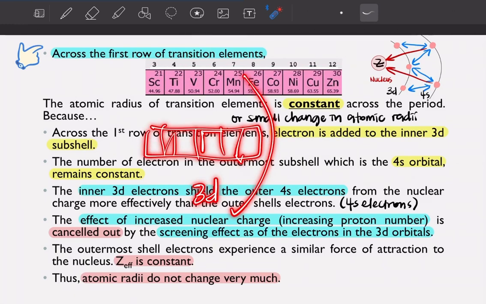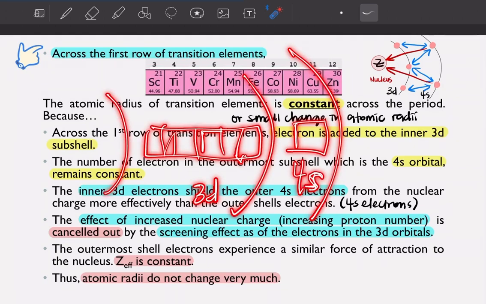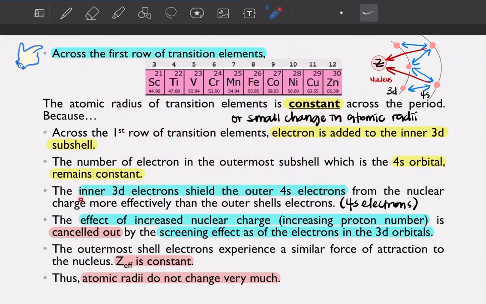Okay, basically awak punya 4s electrons in the outermost shell will be even more shielded from the nucleus by the electrons in the 3d orbital. Okay, so your inner 3d electrons will shield the outer 4s electrons from the nuclear charge more effectively than the outer shell electrons.